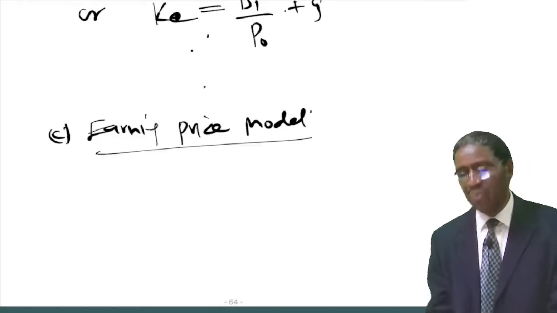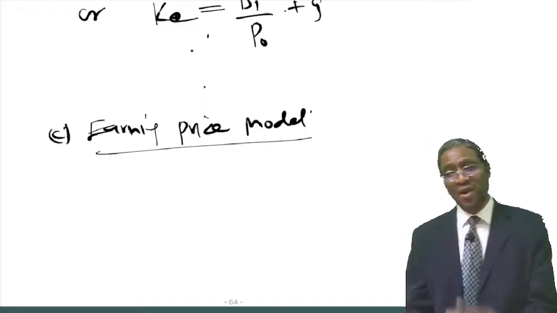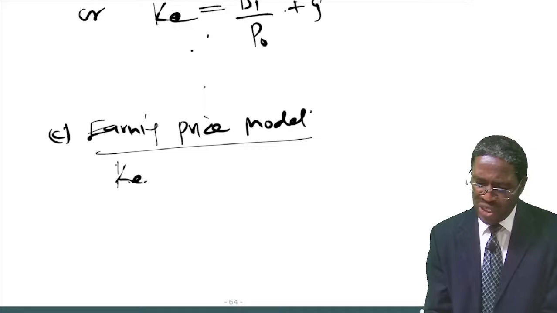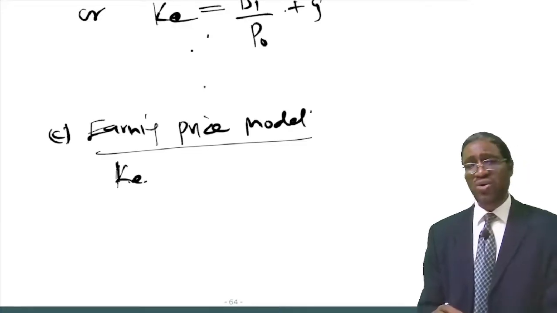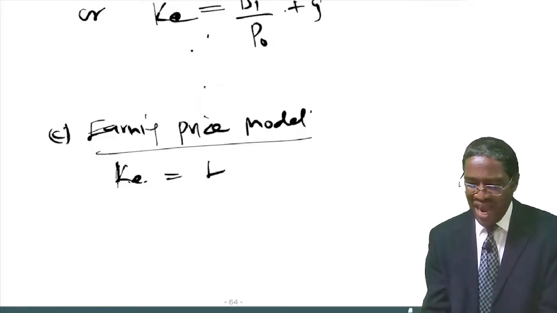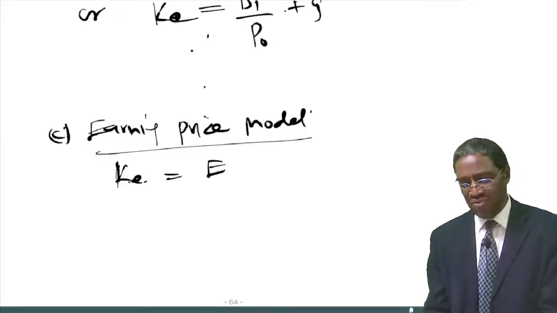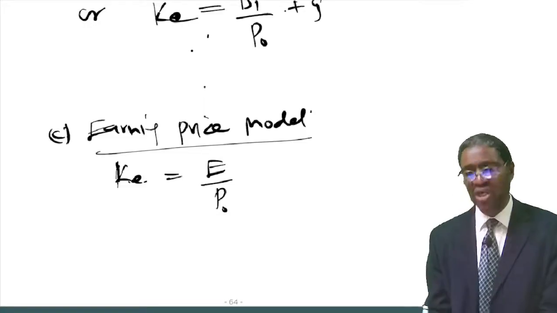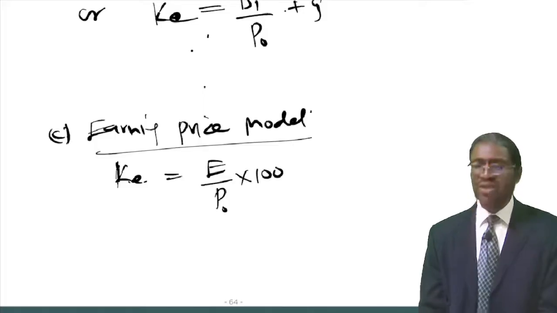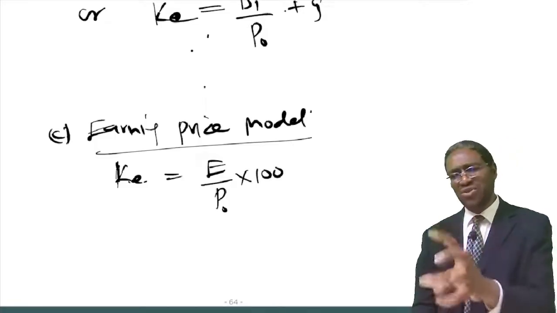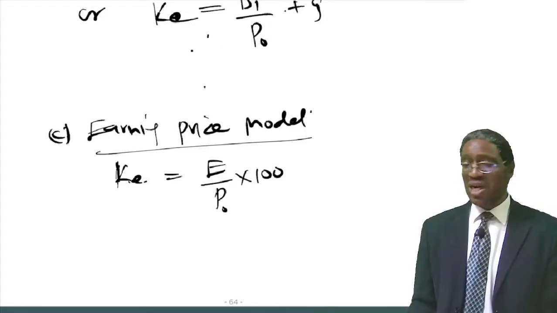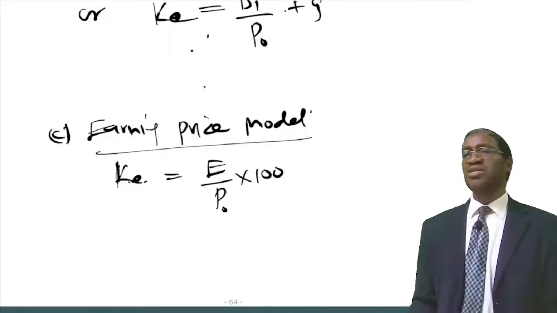To get the cost of ordinary shares, KE, you take the earnings per share and divide that by the market price per share, P0. You multiply that by 100. Where we expect the earnings as our return, you use the earnings price model.